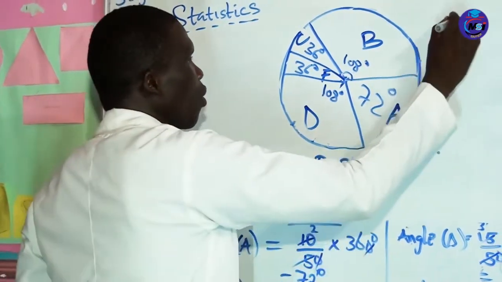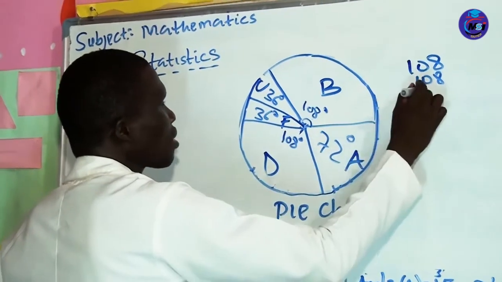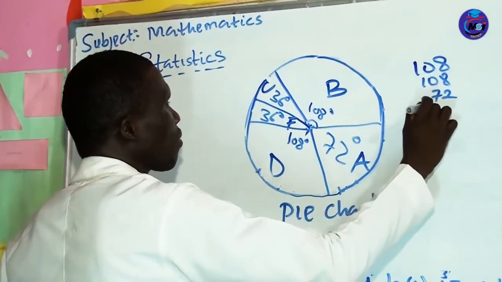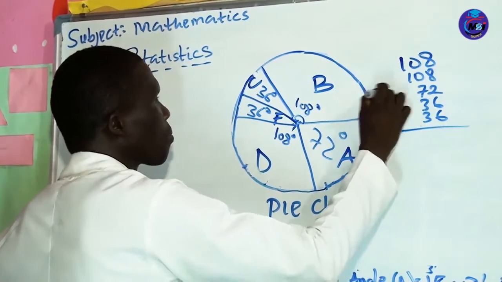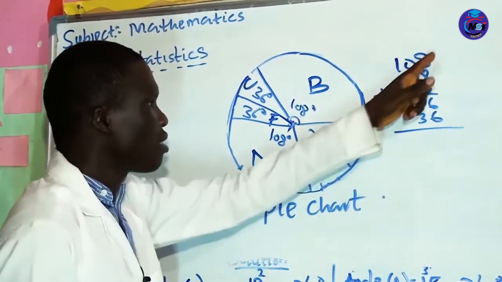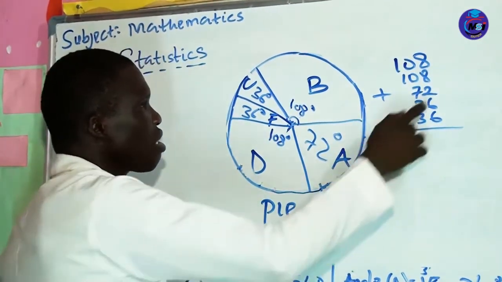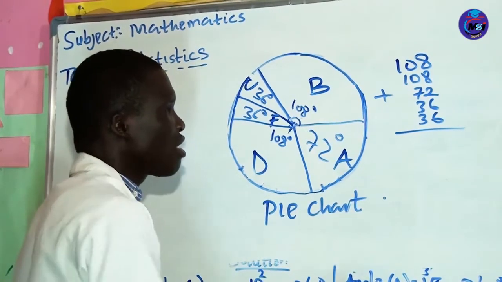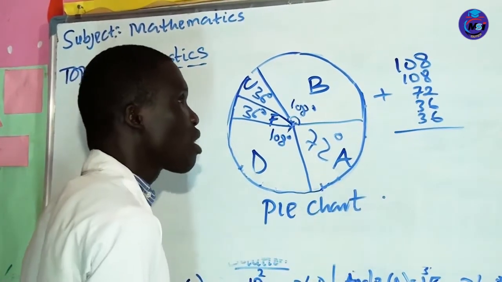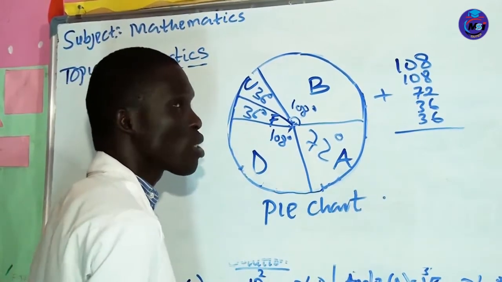So let's try. 108, 108, okay, we have 72, we have 36, we have 36. Let's add. Now this plus this will give us 16. 16 plus 4, plus 2 will give us 18. 18 plus 6 is going to give us 24, and 24 plus 6 is going to give us 30.